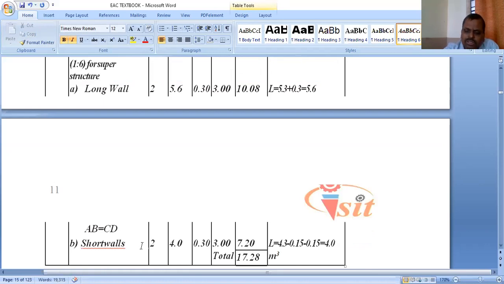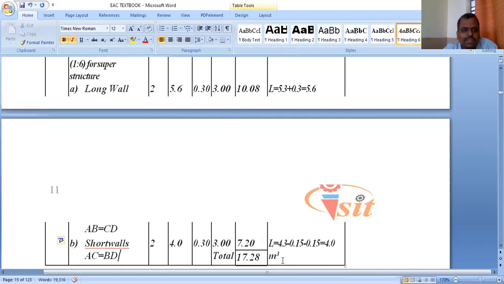After this, we have to see the short walls. Which are the short walls? The short walls are AC equals BD. While calculating the length of the short wall, the formula is center to center distance minus one width of the item.